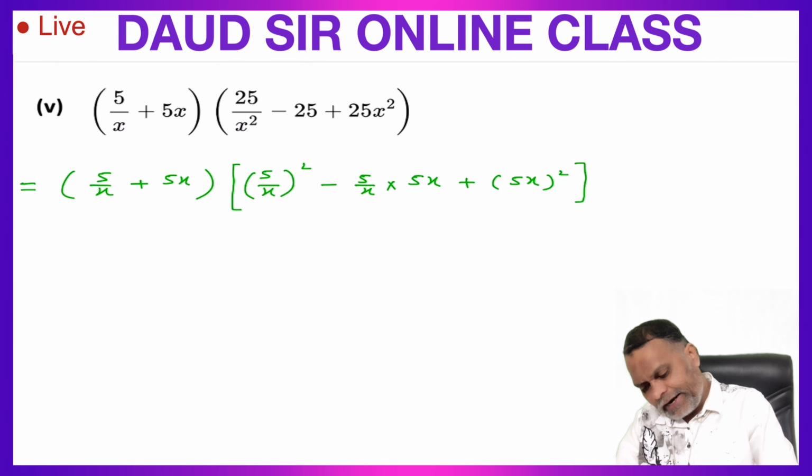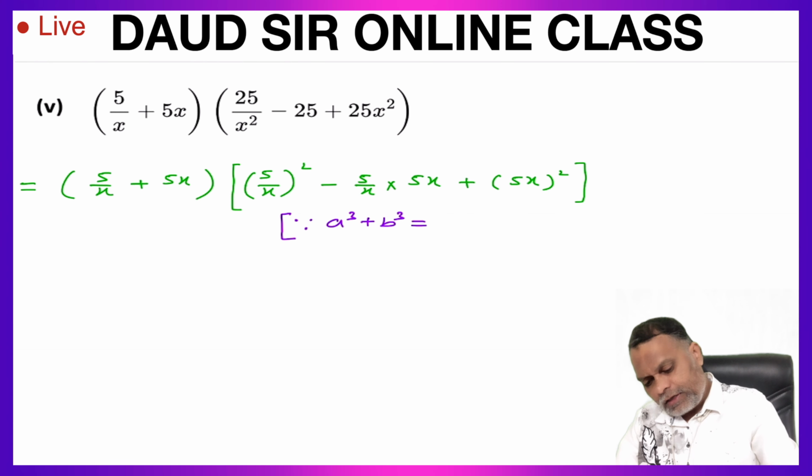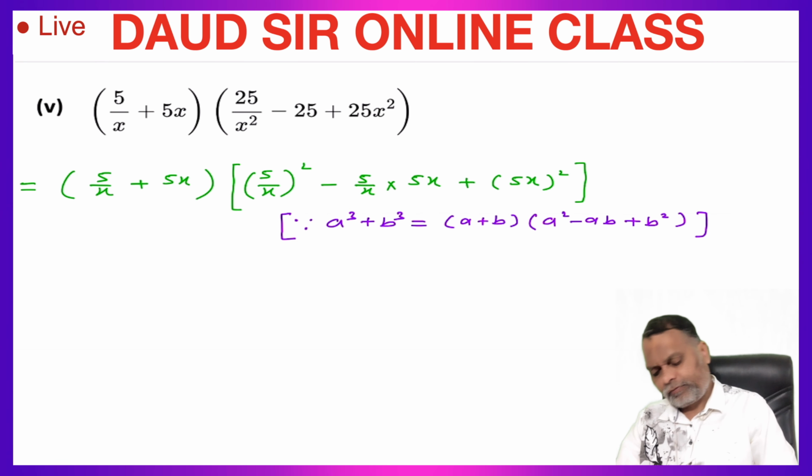Now we can apply the identity a³ + b³ = (a + b)(a² - ab + b²). Here (a² - ab + b²)(a + b) is equal to a³ + b³, with a² being (5/x)², ab being 5/x into 5x, and b² being (5x)².